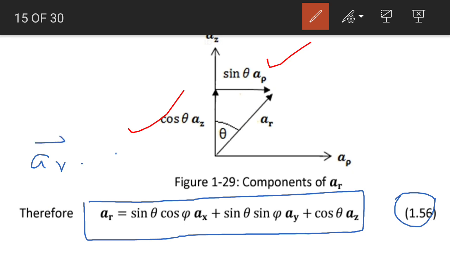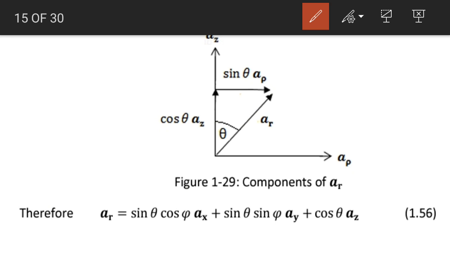You can calculate ar dot ax, which will be equal to sin theta cos phi.